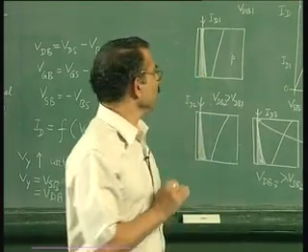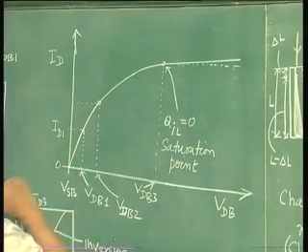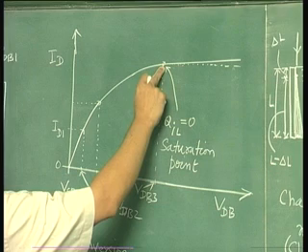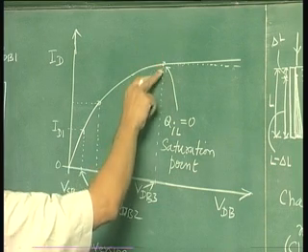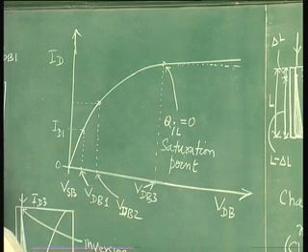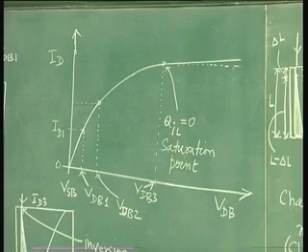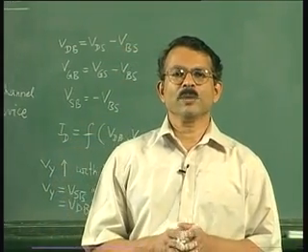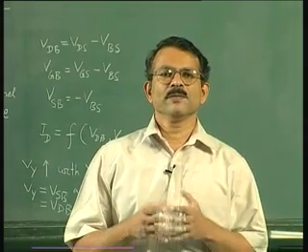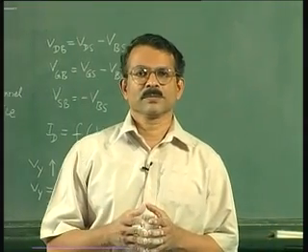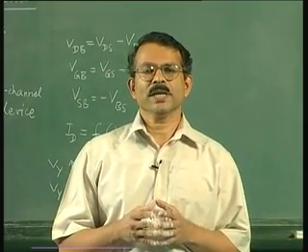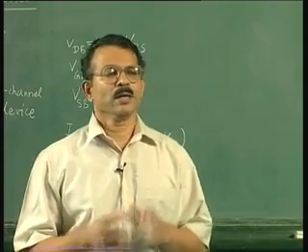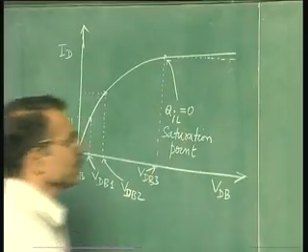So we would like to know, supposing you increase your gate to bulk voltage, how this point will change in the current direction and in the voltage direction. This is what we will see next. Now evidently when you increase the gate to bulk voltage, your inversion charge will increase. Now the question is, what will happen to the saturation point? Let us look at this charge picture here.